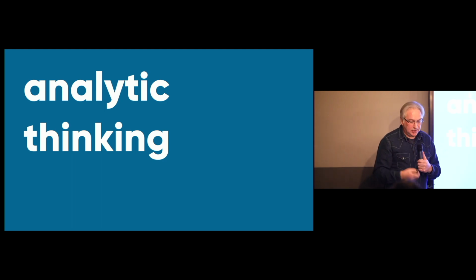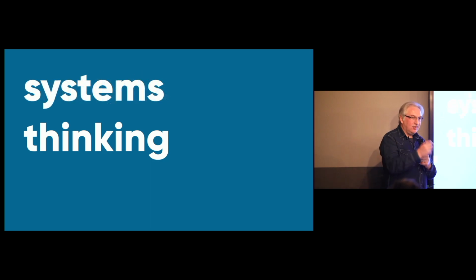So for chemistry, for physics, for mathematics, analytical thinking works. It's maybe not so great when you're dealing with messy humans, I would say. Now, almost the opposite approach to analytical thinking is systems thinking. This is where you understand the parts by looking at how they work together as a whole.